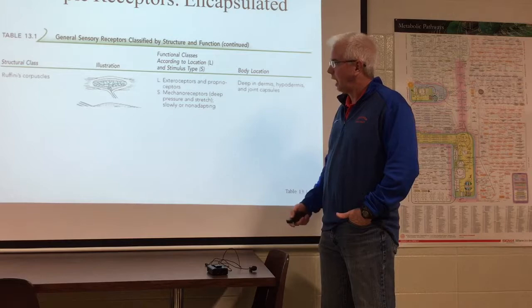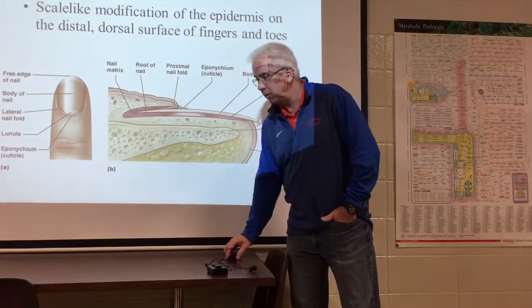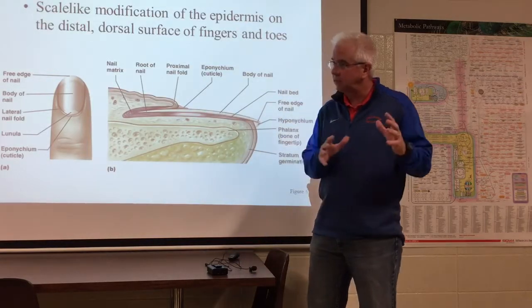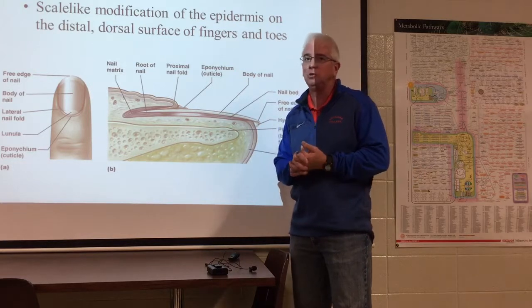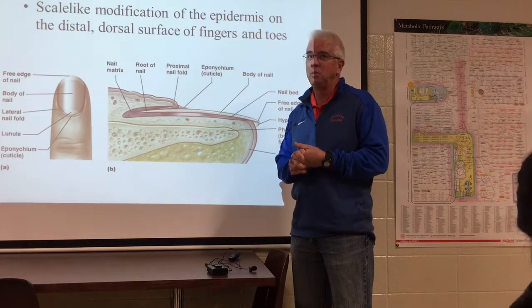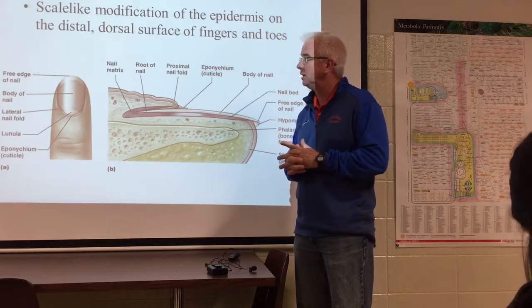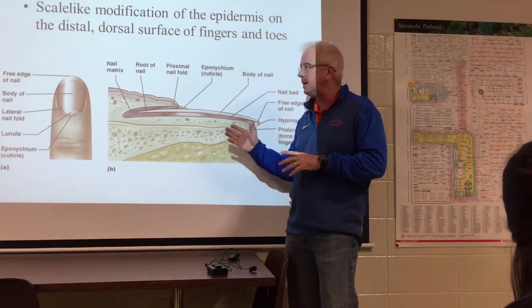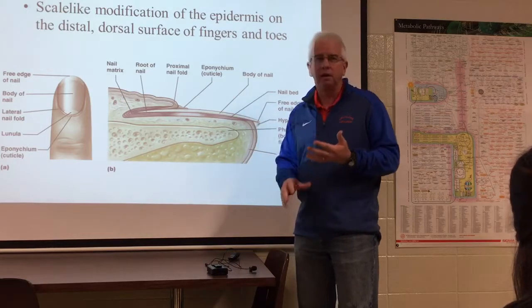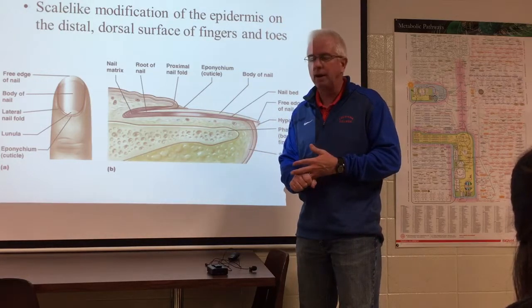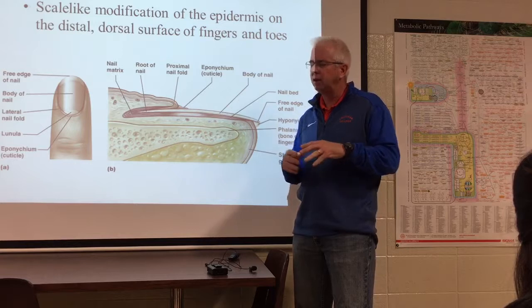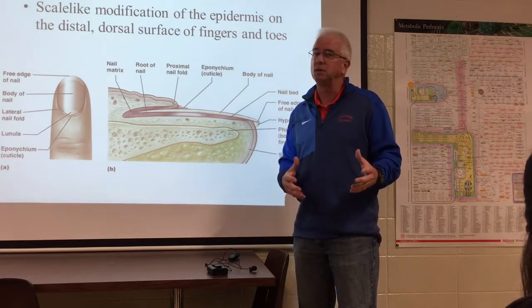Okay, so I used the skin receptors as an excuse to teach you a little sensory pathway in the nervous system. So that was your first introduction into the nervous system. I'm going to tidy up on Wednesday, fingernails and hair anatomy, and then I'm going to come back to the nervous system again.